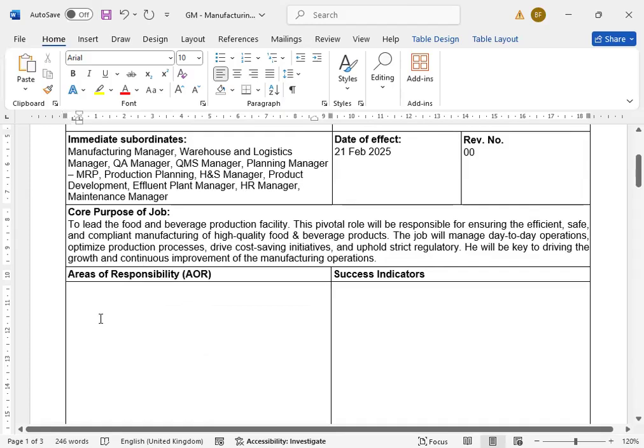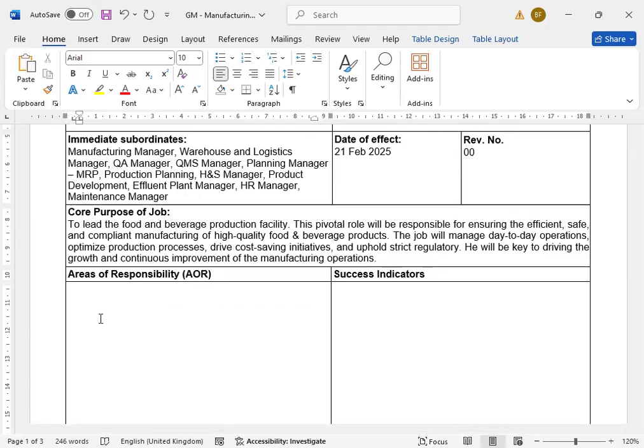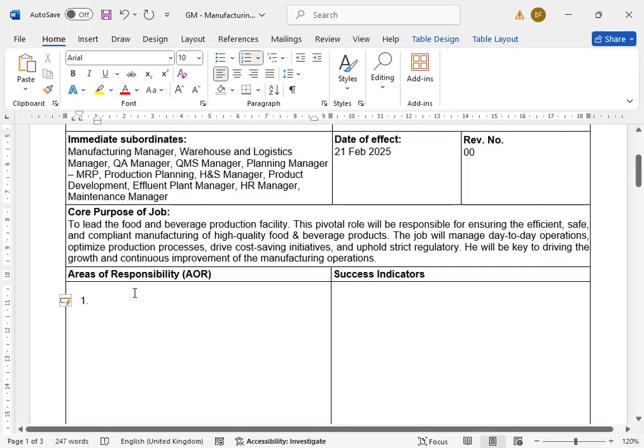It could be 6 or 10 areas of responsibility, but in this case, I'm just going to write the important ones, six key responsibilities. Then after writing this, I'm also going to write the success indicators for the areas of responsibility.